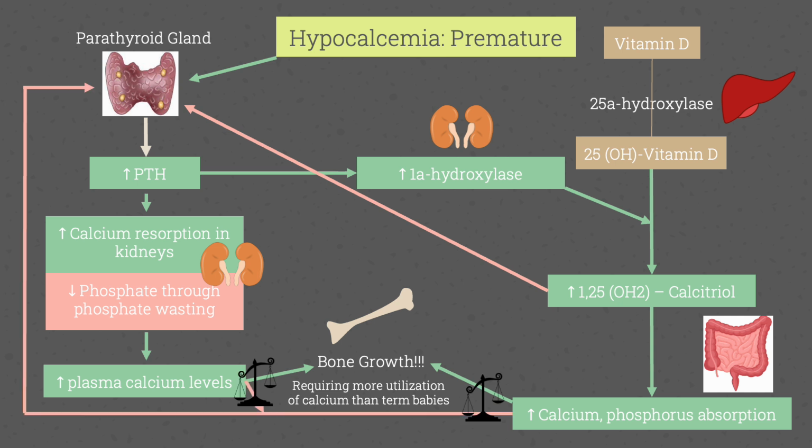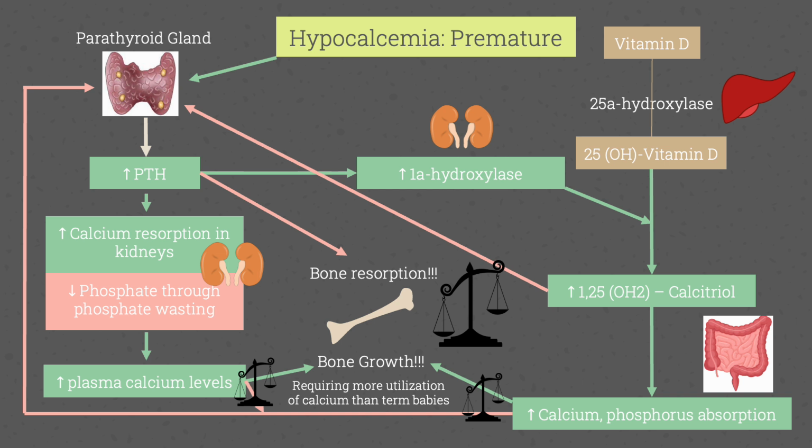So what we see is that the negative feedback loop that is typically balanced in a term infant is not going to be balanced in a premature infant, which may lead to a prolonged increase in parathyroid hormone, or PTH. It'll continue to try to use the kidneys and the intestines to produce higher calcium levels, but at some point, the last resort for PTH is to attempt to pull calcium from the bone with bone resorption.